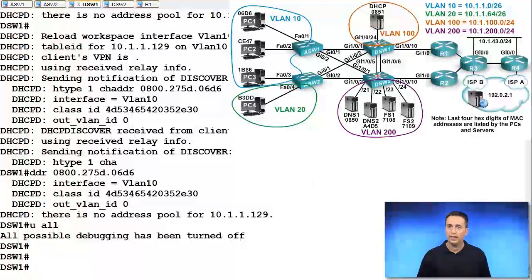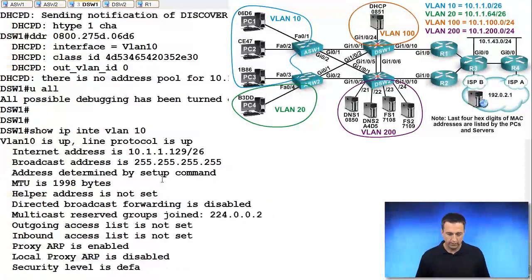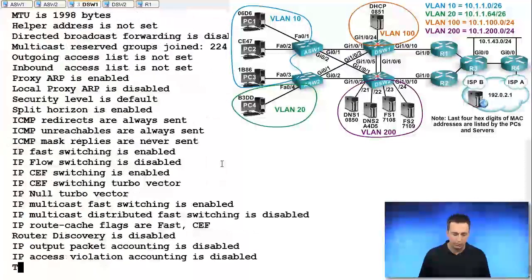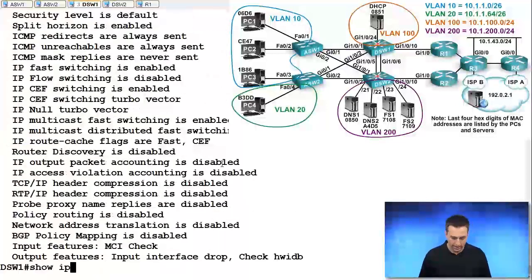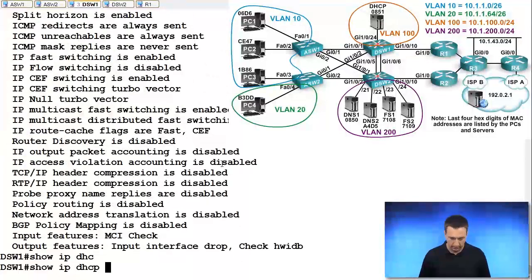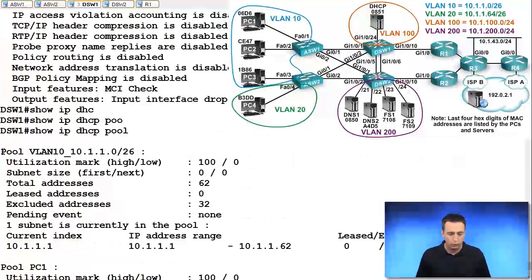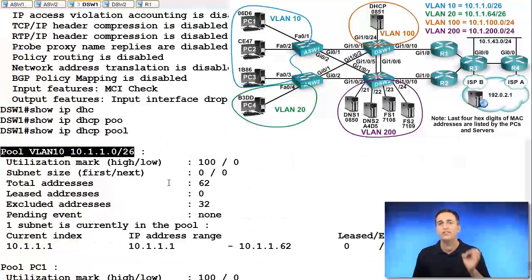PC1 is part of VLAN 10, so the SVI for VLAN 10 is interface VLAN 10. So let's look at that. Show IP interface for VLAN 10. Oh yeah, look at that. The IP address on that interface is incorrect. Let's examine our DHCP pool. Show IP DHCP pool. By looking at the output of this DHCP pool, you can see the pool is VLAN 10, 10.1.1.0/26.